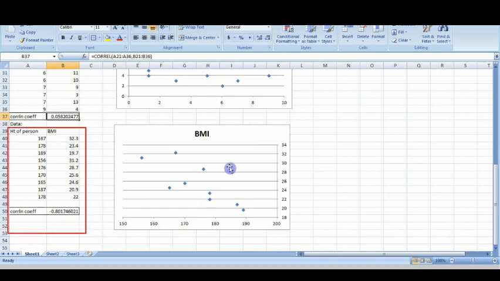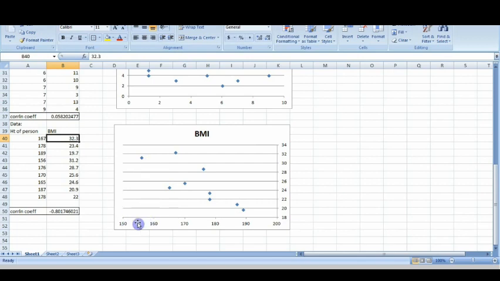Anyway, third example, again an artificial data: height of a person and body mass index. I suppose everybody is aware of the body mass index. How do you compute that? Weight divided by height in meters square, multiplied by 100 or whatever. So here what do we observe?